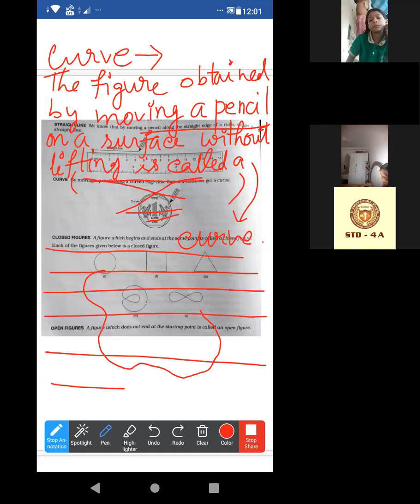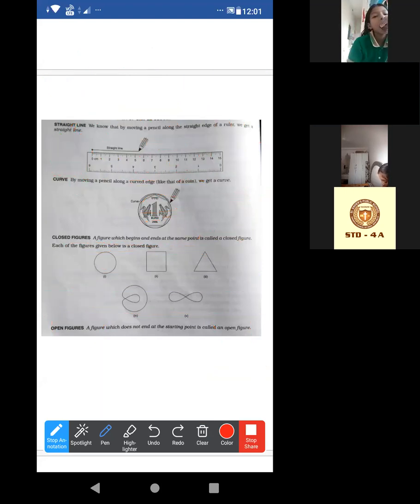Suppose you are drawing on a paper, that page is the surface. So on the surface without lifting means we have to draw it in one time, only in one time. How much portion we can draw in one time? Suppose in this way, we have drawn this in one time. Got it? Understood though?